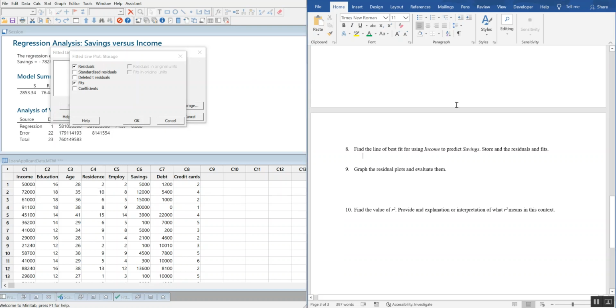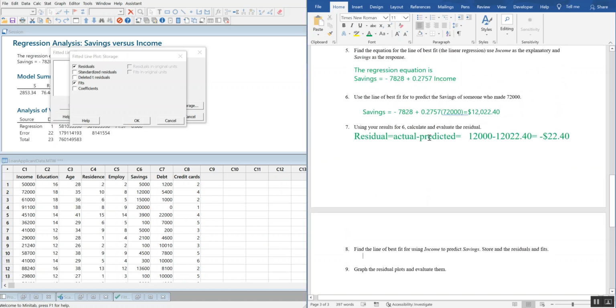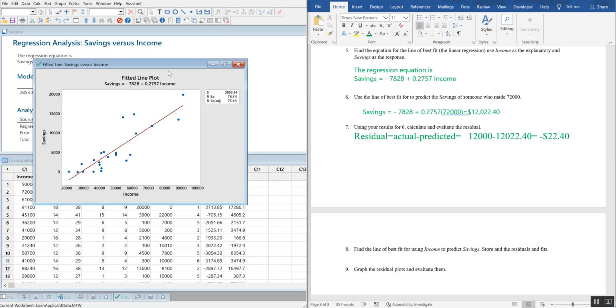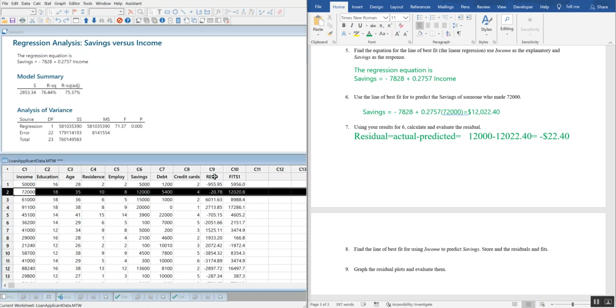Looking back, I'm asking it to do 6 and 7 for all the income values and all the savings values. Get the idea? I'm going to hit OK. OK again, and here they all are. I don't need the graph. So for instance, my residual for 72,000, it's a little bit more accurate here because it's not rounding as much. And there's the fit value, a little more accurately because it's not rounding. Interesting, right? Okay.